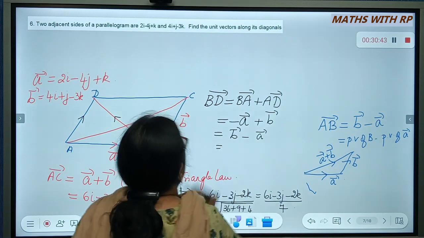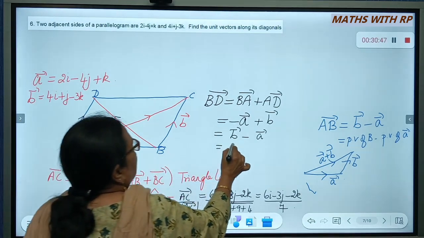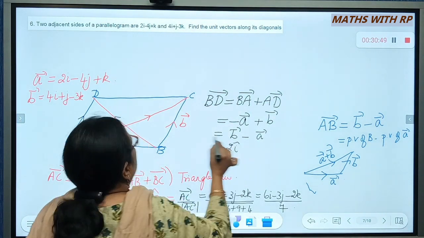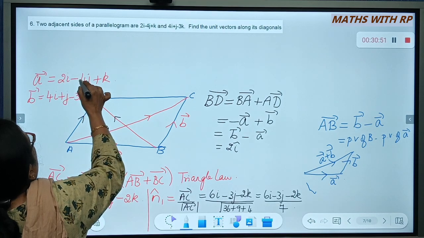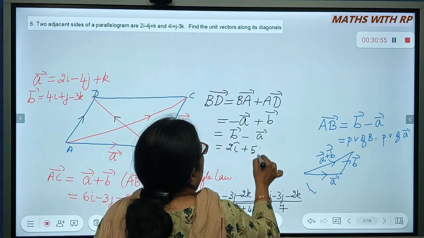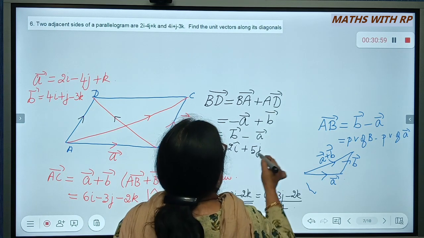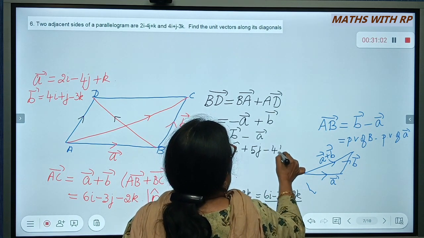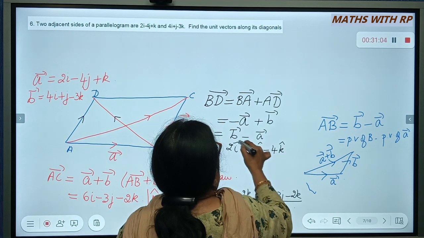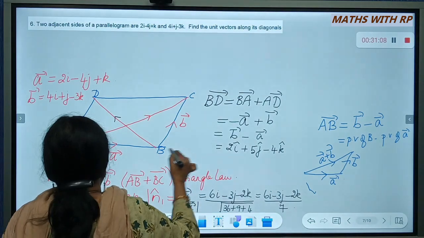What will be B minus A vector? 4i minus 2i, which will be 2i. j minus of minus 4j, so plus 5j. Minus 3k minus k is minus 4k. This is BD, the other diagonal.